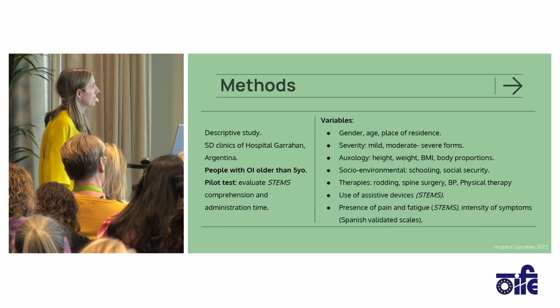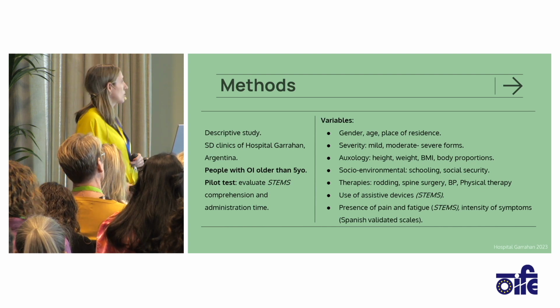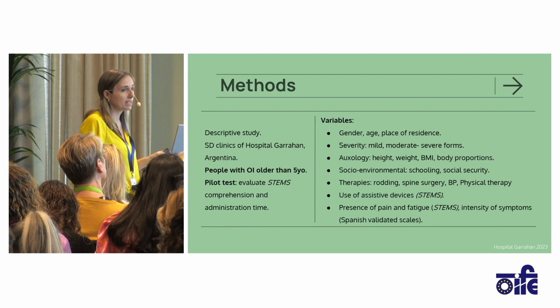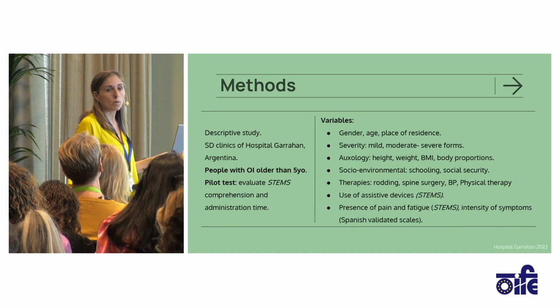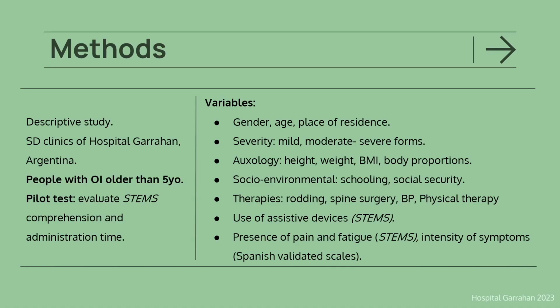So this is a descriptive study that, as I said, was performed at Hospital Garrahan in Argentina, in Buenos Aires. All the individuals were assessed in the skeletal dysplasia clinic, their patients and their family members that were also affected.